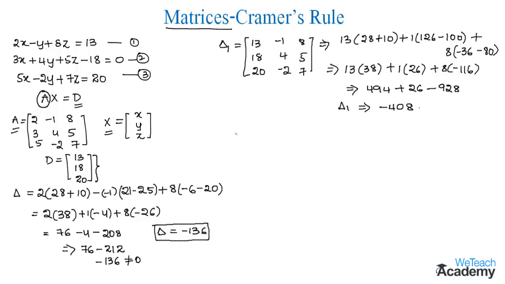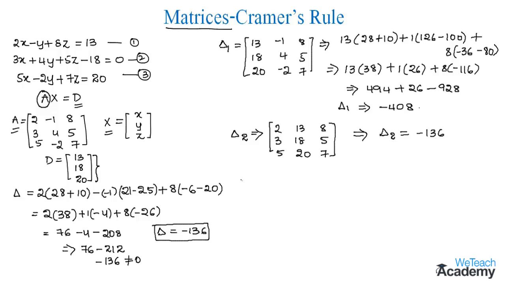Similarly, we need to find delta 2, that is nothing but the determinant of the matrix, by replacing the constant matrix D in the second column of matrix A. So the matrix would be 2, 13, 8, and the next row would be 3, 18, 5, and the last row would be 5, 20, and 7. You need to find the determinant of this matrix, and its value delta 2 will be equal to minus 136.